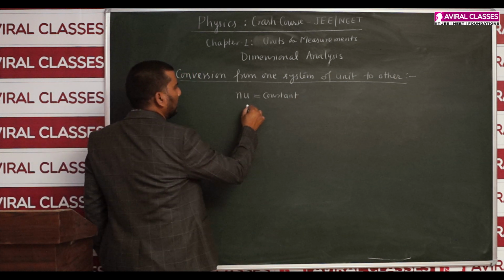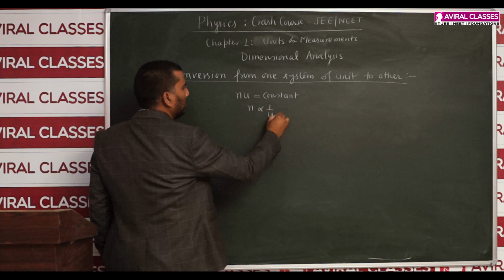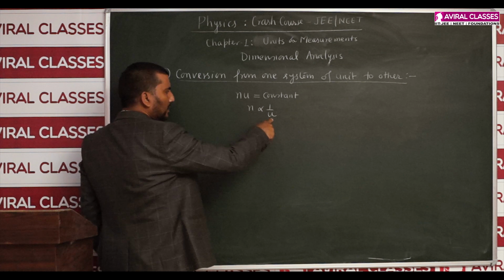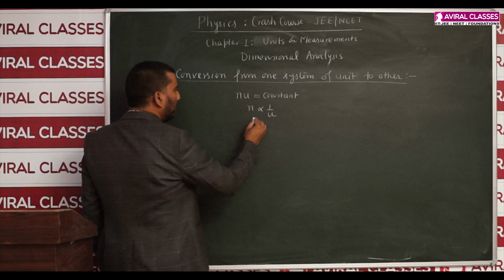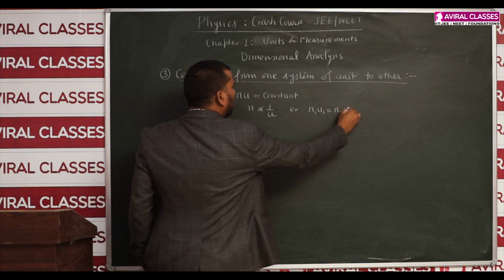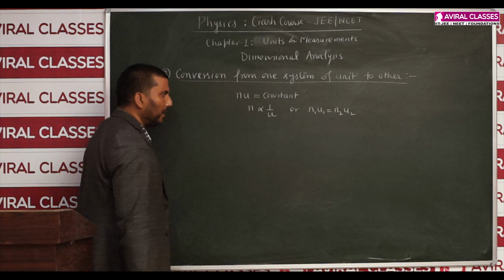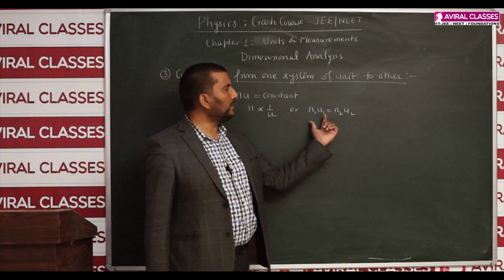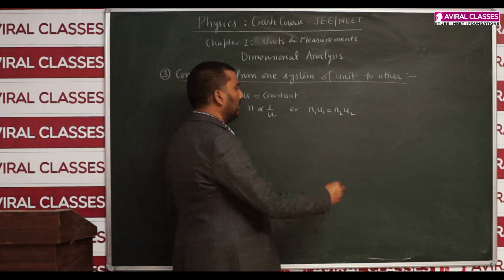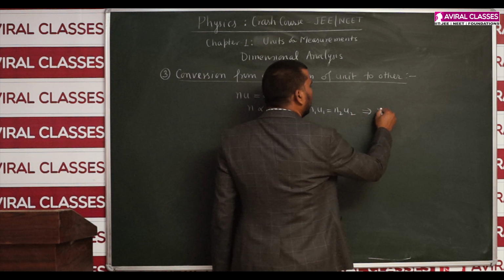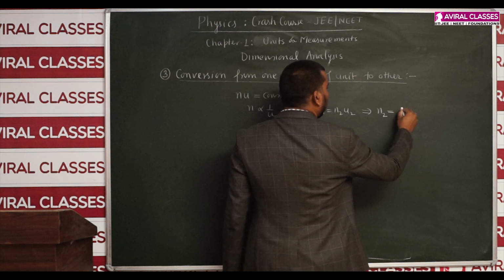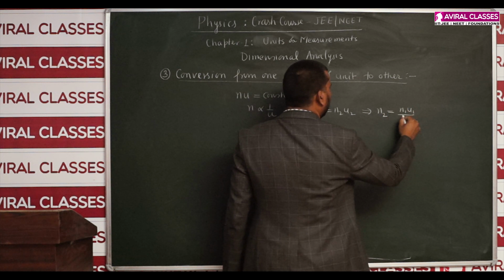So we may write numerical value inversely proportional to u. U increases, n will decrease. U decreases, n will increase. Or we may write n1 u1 is equal to n2 u2. If you want to convert from one system into another, then this formula will work. From this formula we may write numerical value in any second unit as n1 u1 upon u2.